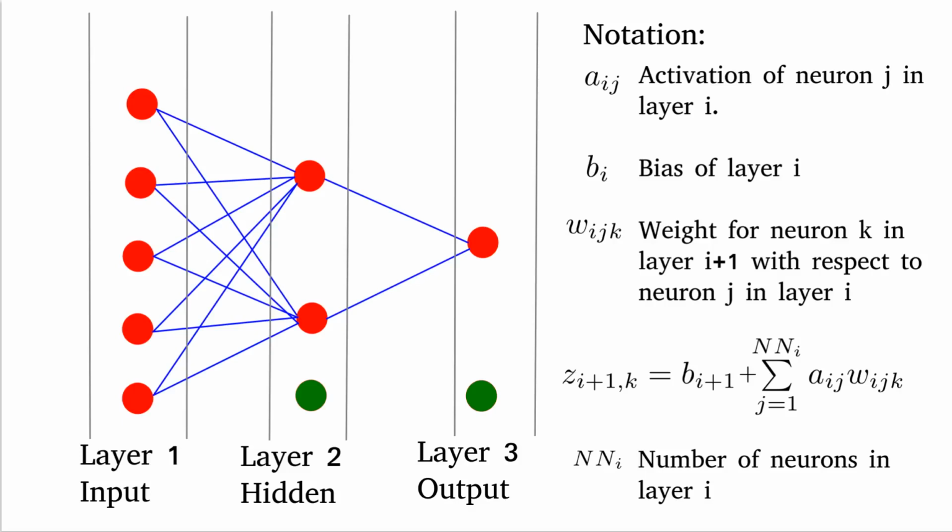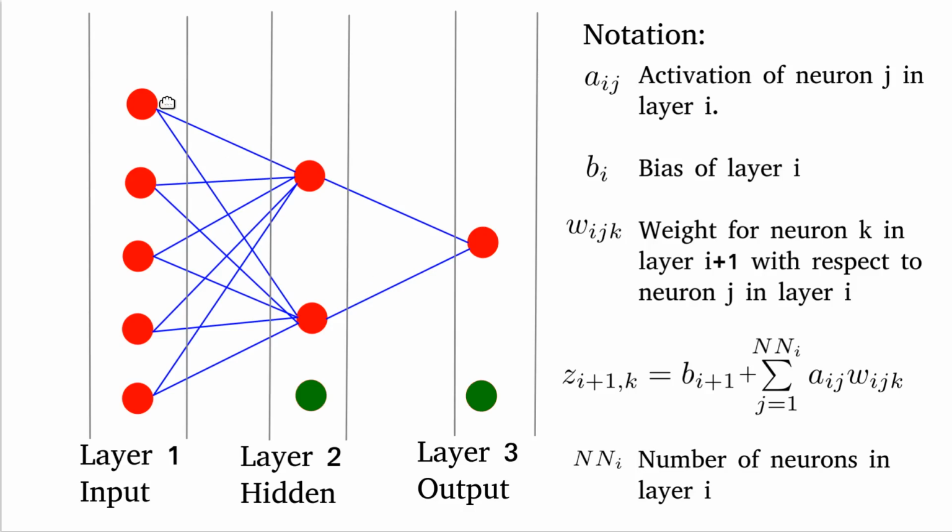So how do the weights and the activations interact? The input neurons actually don't have an activation. They're just values that are fed in directly from the program. But how are these activations determined?